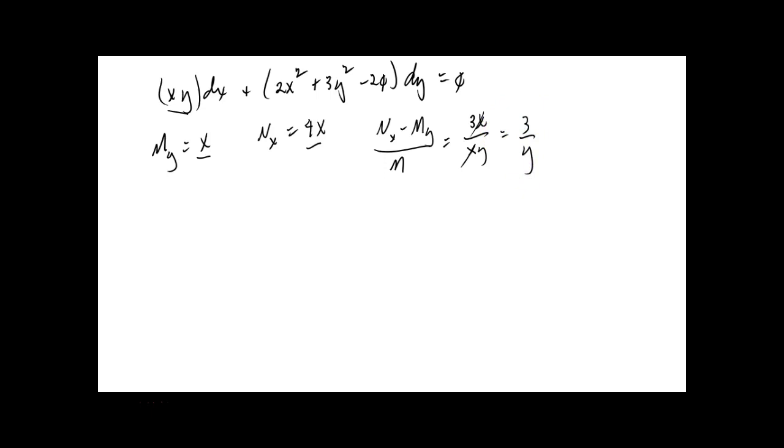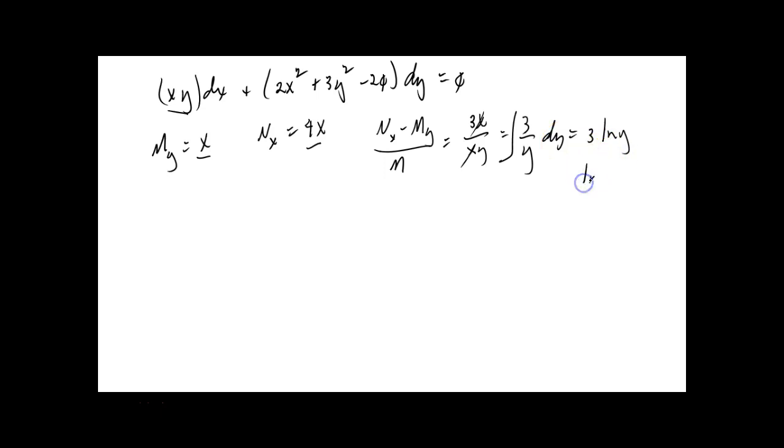When you integrate it all, your mu is y cubed. So we're going to integrate that dy, and that gives us e to the 3 ln y, which is going to be y cubed.